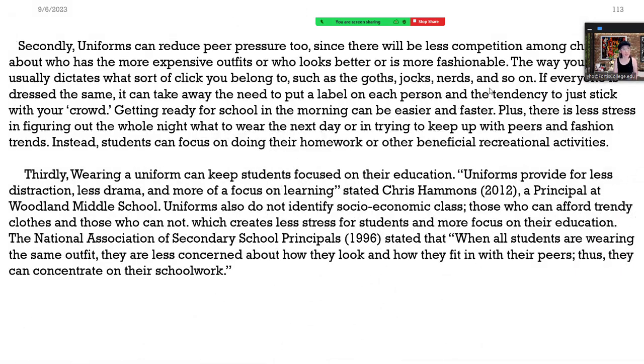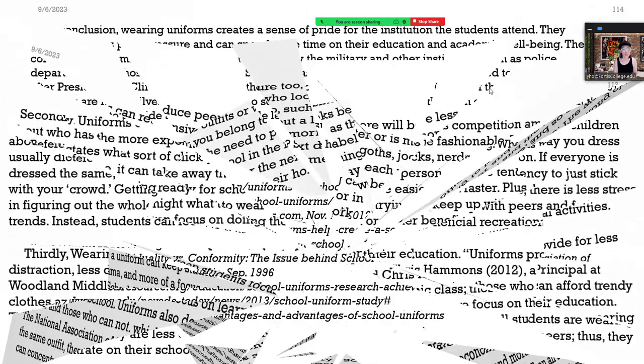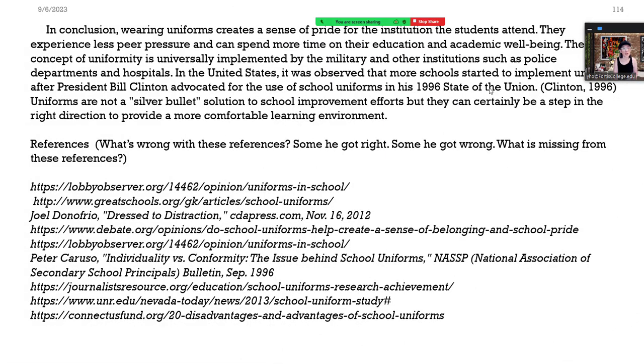And then she says that secondly, uniforms can reduce peer pressure. Third, wearing a uniform can keep students focused on their education. In conclusion, wearing uniforms creates a sense of pride for the institution the students attend. And then you repeat your thesis statement as the first sentence, and then you summarize the rest of your conclusion.